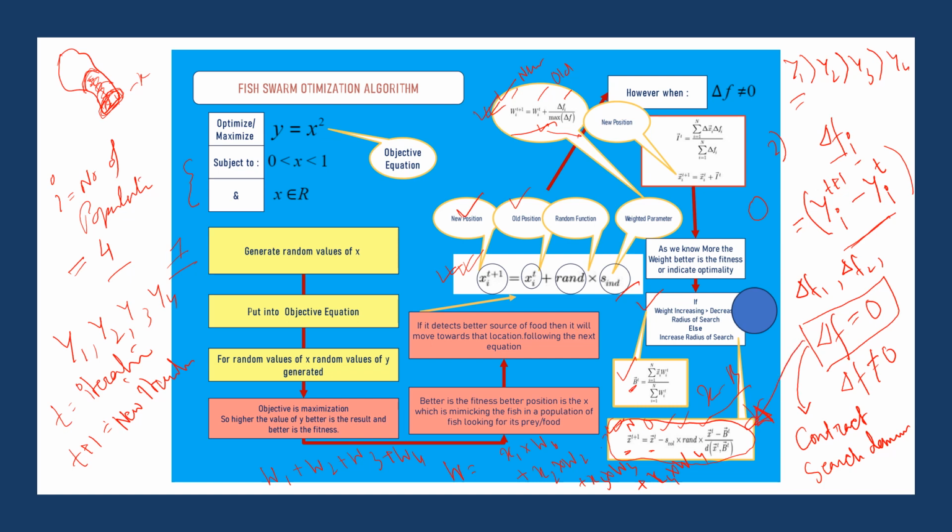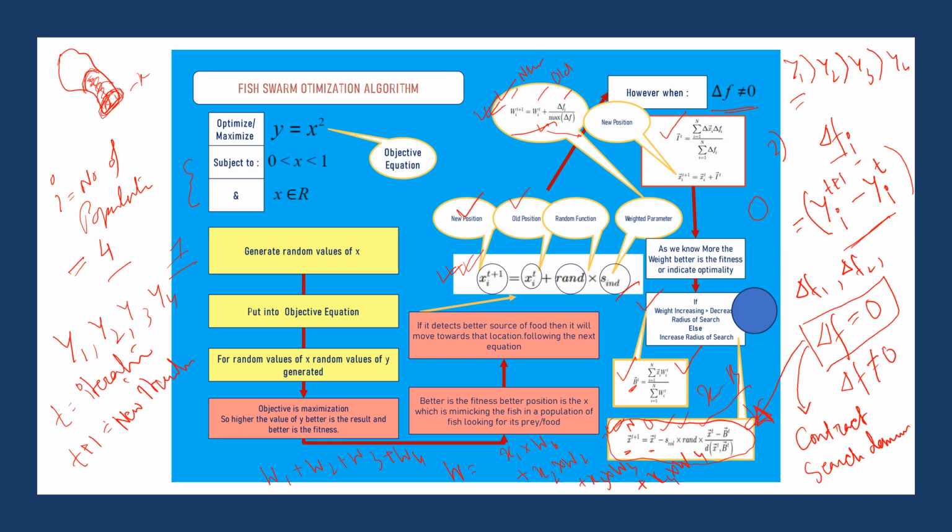Otherwise, you will use this b to contract the search domain, or there is another equation also to direct the search of the solution. If del f is not equal to 0, you can also use the I function, the identification function, in the existing equation of finding new values of x. So this is one new thing.